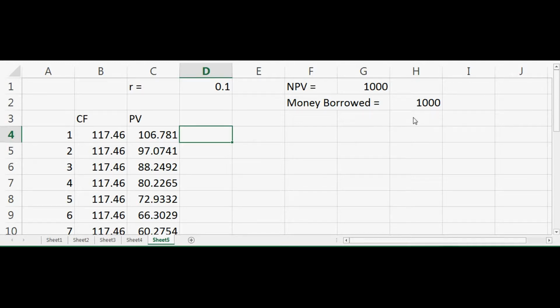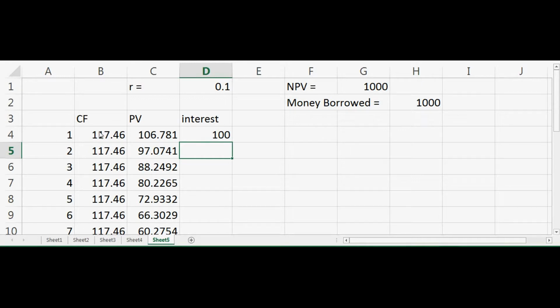and the interest rate is 1% or 10%. So we'll calculate the interest as principal into the interest rate. So that is your $100, but he's making a payment of 117.